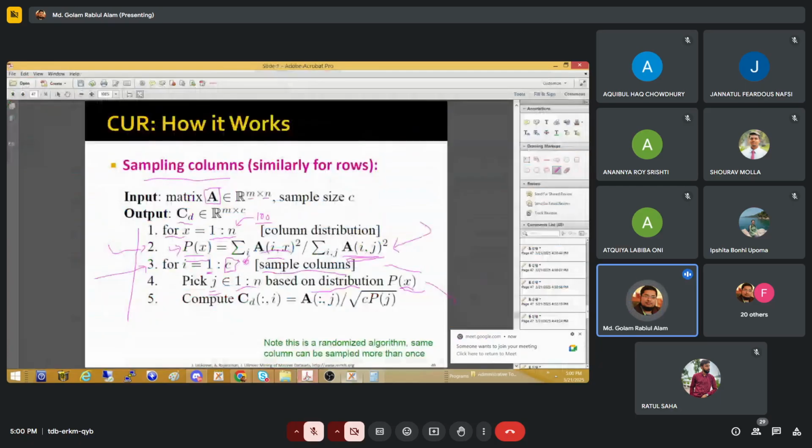This is how we sample the columns: we pick J based on the distribution P. Following this distribution, J is 2, so we have picked column number 2.